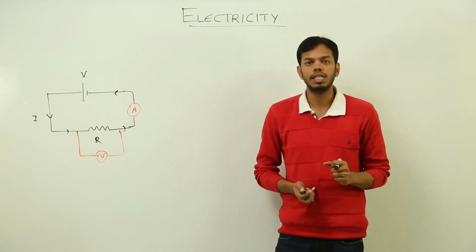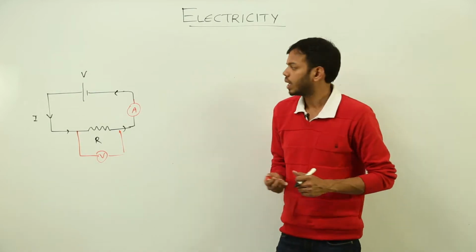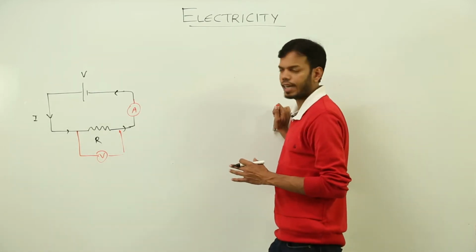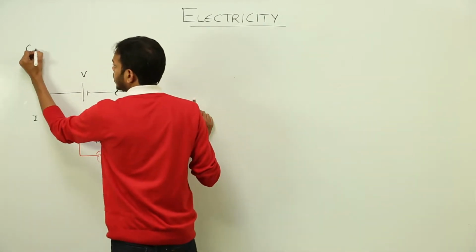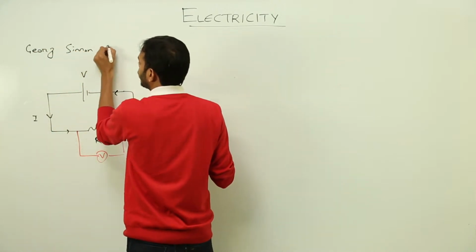there was this German physicist, the name was Simon Ohm. The complete name was something Simon Ohm, I don't recall it right now. So George Simon Ohm, okay, this was the spelling, George Simon Ohm.